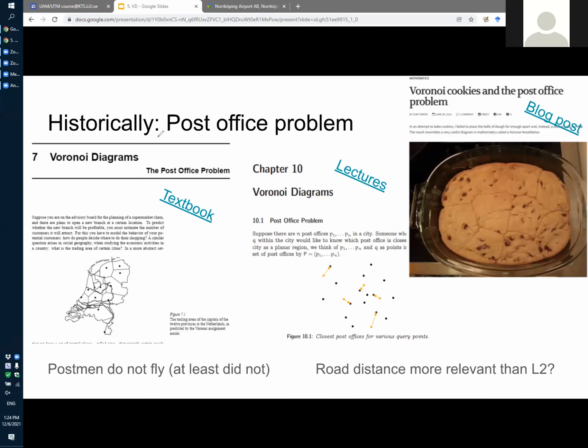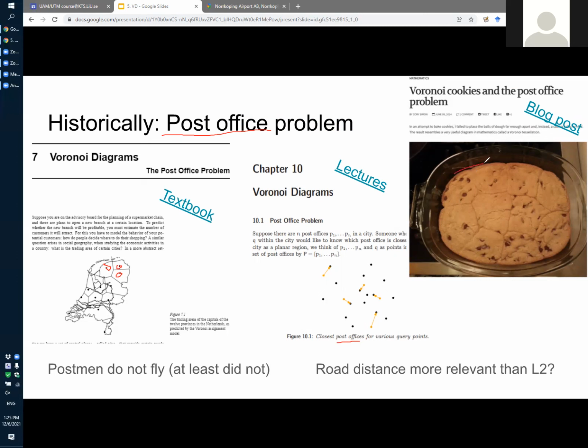And it has been known historically as the post office problem. So yeah, these distribution centers that I was mentioning were the post offices, and then you wanted to think how to split the area into the zip codes. So which post office should service which area?